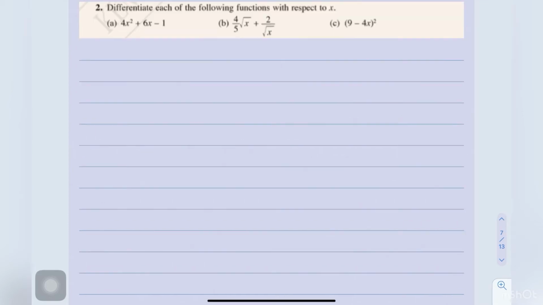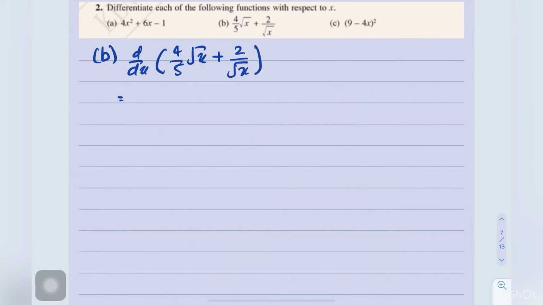Number 2b. Differentiate 4 over 5 square root x plus 2 over square root x. So this one becomes, square root x is x to the power of half, plus 2 over x to the power of half.